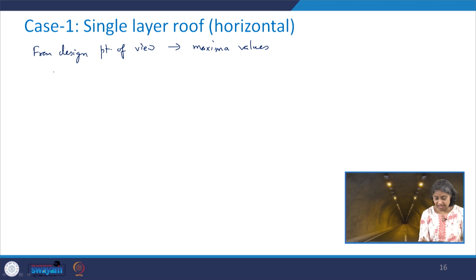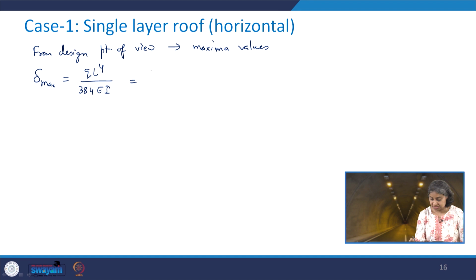So, what we have here as delta max is Q L to the power 4 upon 384 EI, and if you substitute Q equal to gamma times BT and I as 1 by 12 BT cube, see what happens.